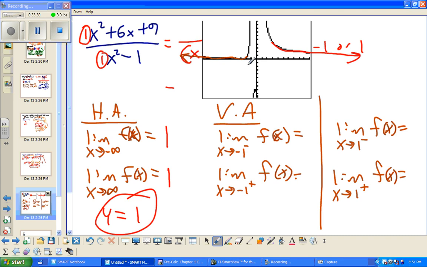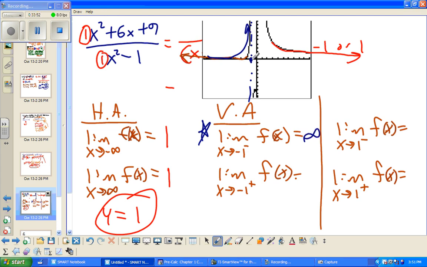Now, when we look at this vertical asymptote that we think there's going to be, I'm approaching -1. So as I approach this vertical line from the left, this graph is heading up. So that's infinity.